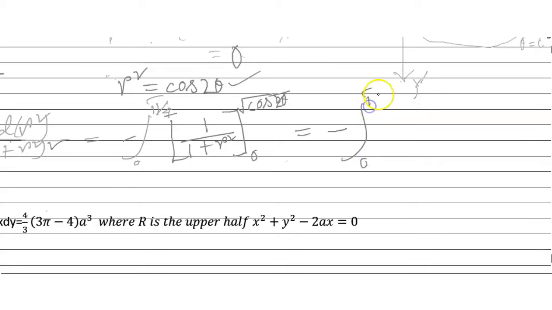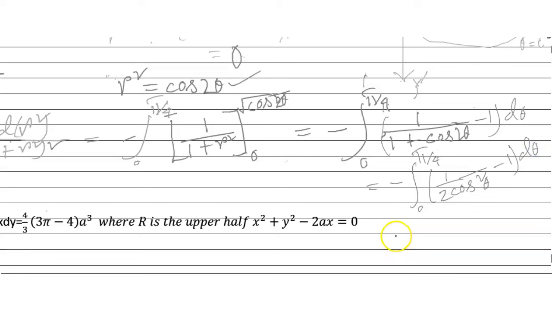Minus integral 0 to pi by 4 of 1 plus cos 2 theta. There is some mistake. This is minus 1 into d theta. So minus 0 to pi by 4, 1 plus cos 2 theta equals 2 cos square theta. So 1 by 2 cos square theta minus 1 into d theta.